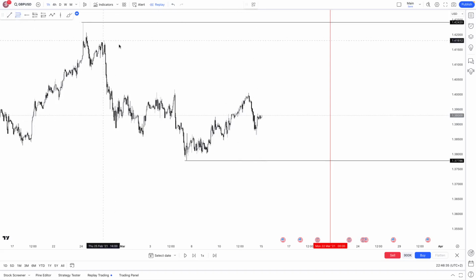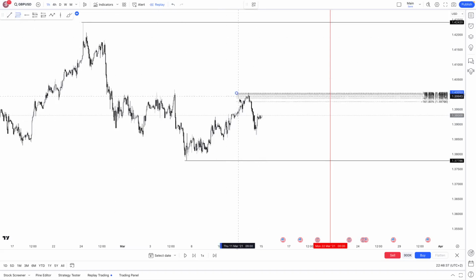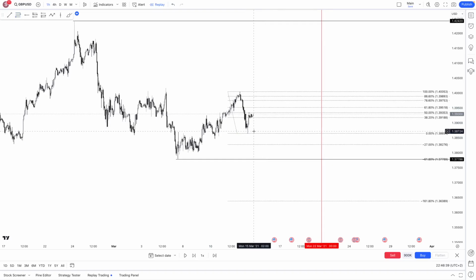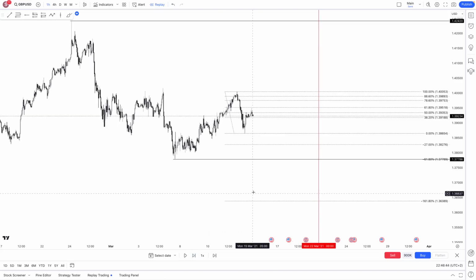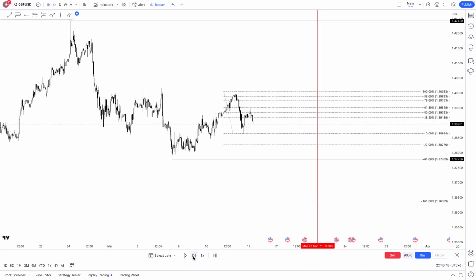However, I don't like how this pullback is developing. So we might see a push to the upside. I'm not really convinced that this will break. It can break, but it's not a setup that I'd want to take.